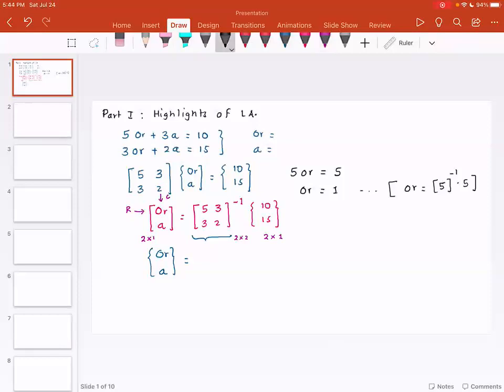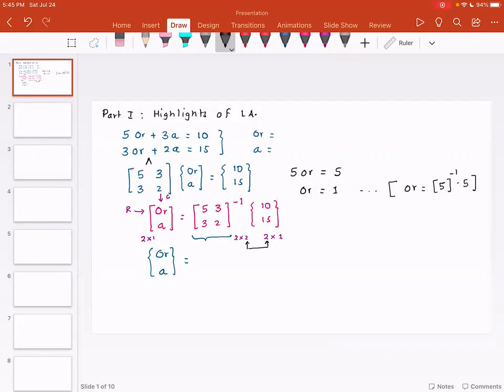For matrix multiplication, the required condition is that the columns of this matrix should be equal to the rows of the second matrix. So this problem can be written as one of the very fundamental problems in linear algebra.